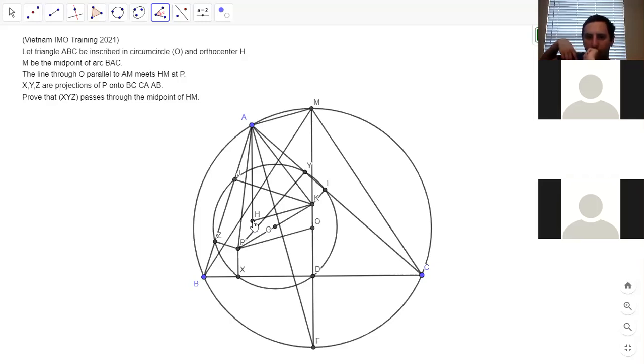We prove the similarity AHK is similar to AOP prime. Is that true in general when you have two isogonal conjugates like that, or not necessarily? I think it's not true in general, but it's true in this case, right?